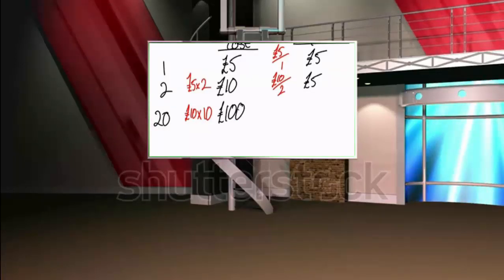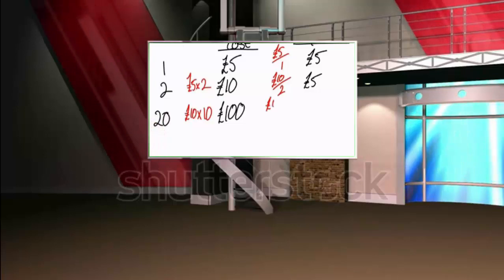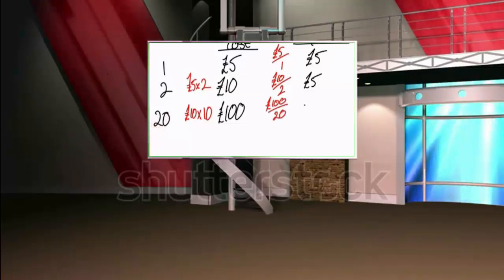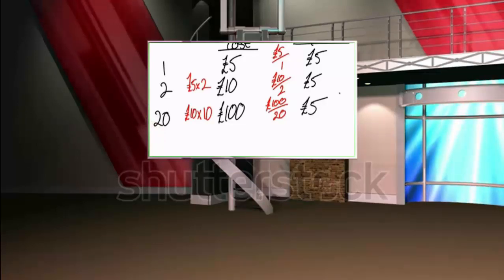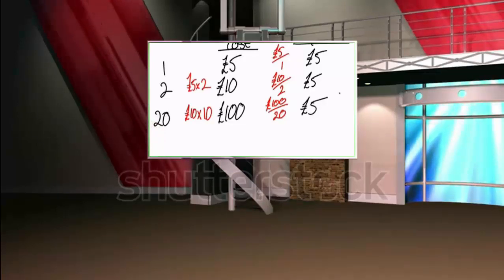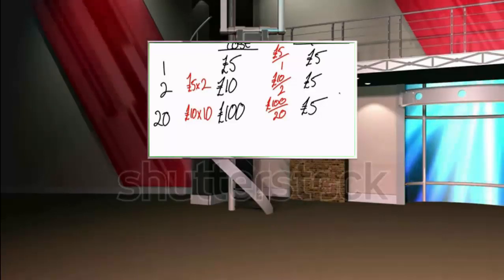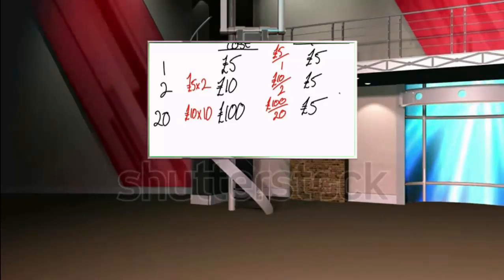What will our variable cost per unit be? Total variable costs divided by the number of units, 20, gives us 5. Again, variable cost per unit will usually remain constant.